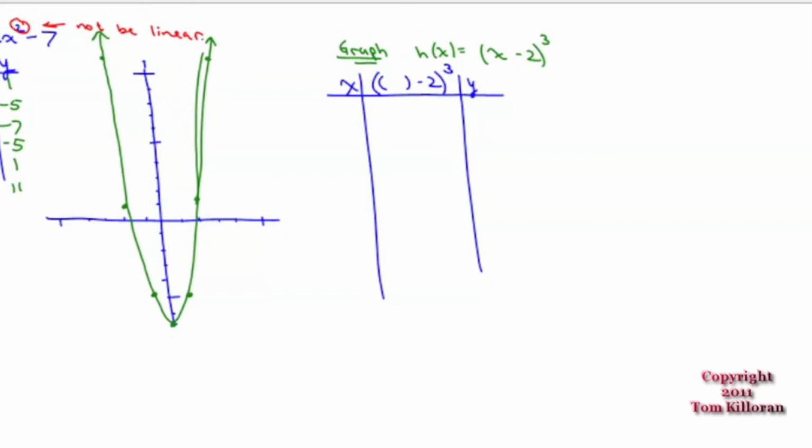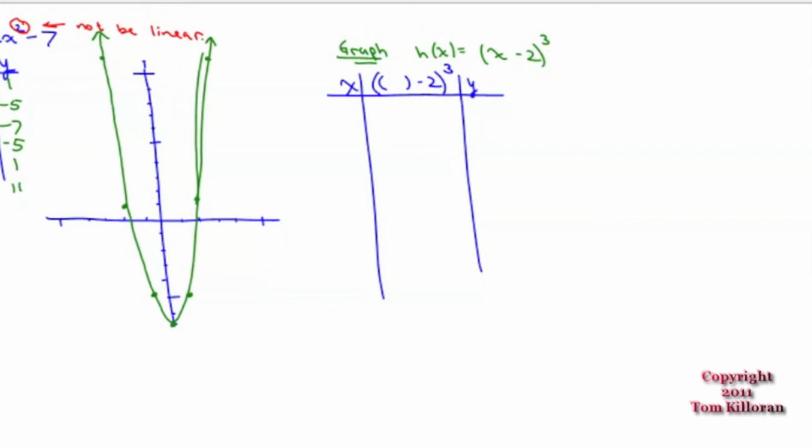What number do you want to try? Well, back up to -5 and see if that works. If you plug in -5, -5 minus 2 is -7. -7 cubed is like 243 or something like that. That's way too big. Shrink it down. -2. -2 minus 2 is -4, cubed is 64. It's still too big. 0.